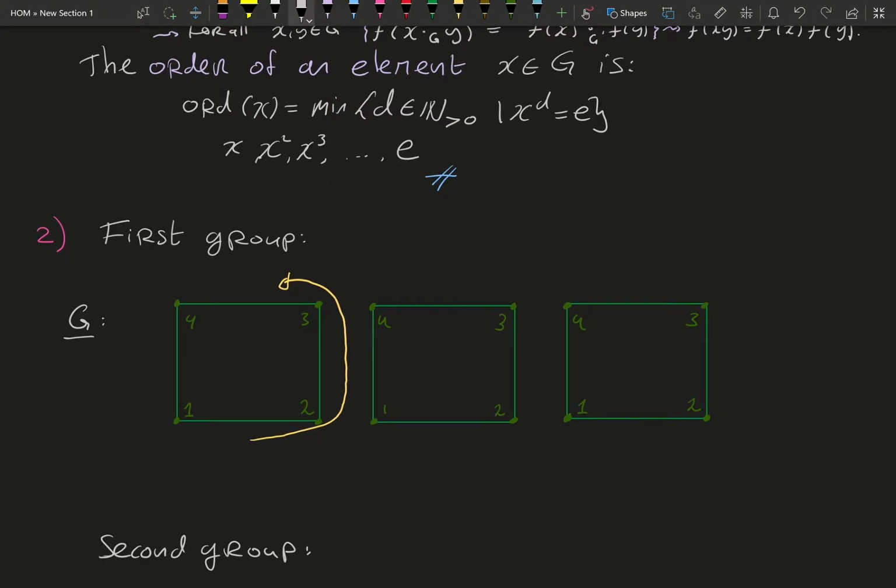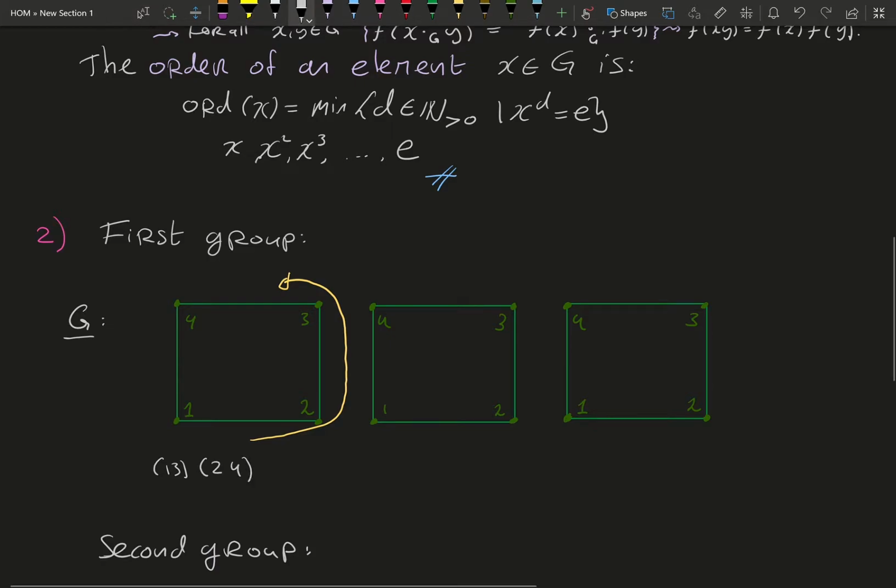And if we write it down in symmetric group notation, this rotation maps this point 1. This point 1 goes first to 2 and then to 3. So in the whole rotation it maps 1 to 3. So we can write down 1, 3. And similarly this point 2 goes to 3, 4. So we have 2, 4.